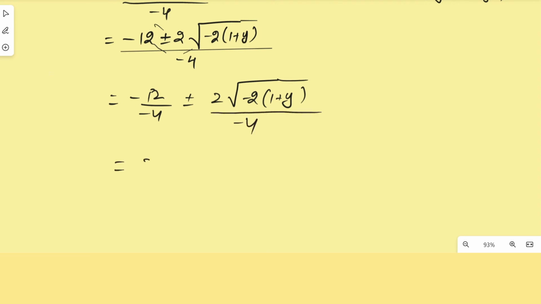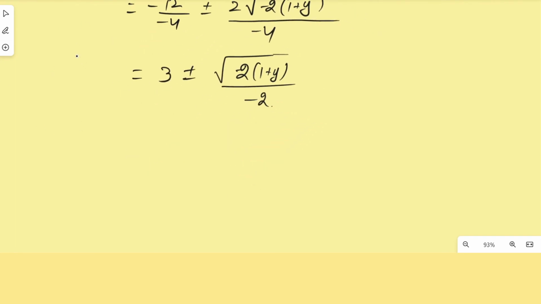So this will become 3 plus minus square root of negative 2 times 1 plus y over negative 2. Alright, so we have two functions here. This is the value of x that we are getting, right? This is the equation for x.